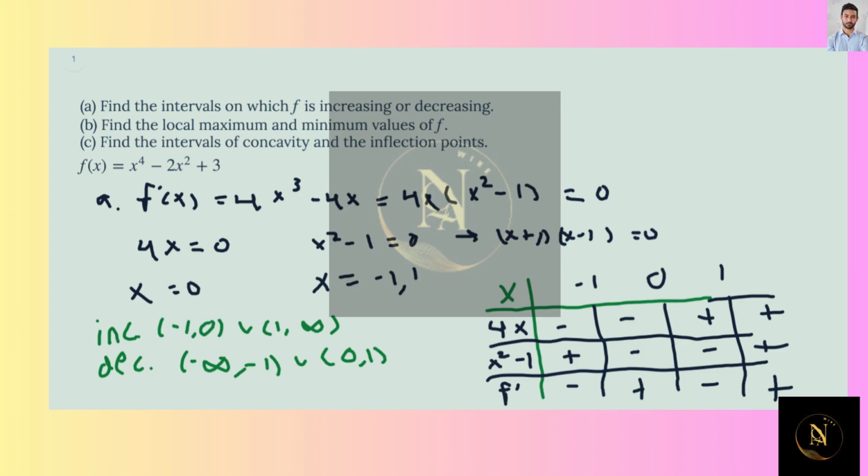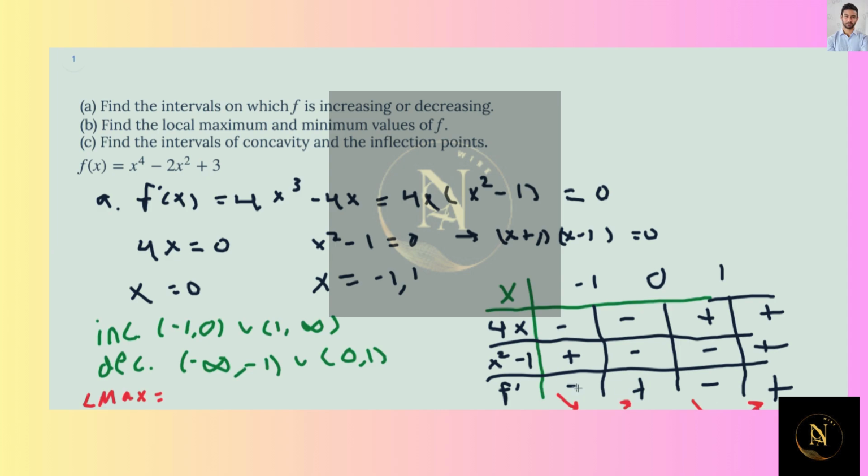And we can also find out our local max and mins. So I'm going to write L max. Remember that this tells us the direction in which the graph is moving. So this is decreasing, increasing, decreasing, and increasing.